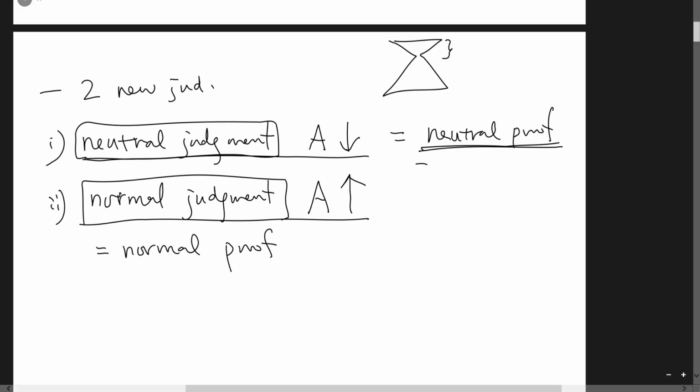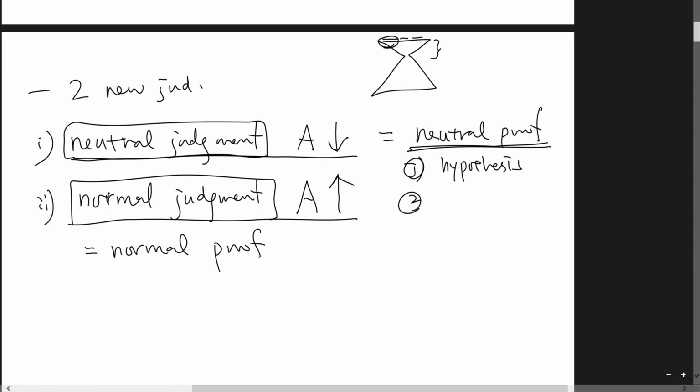So it is either a hypothesis, which is basically an example of a neutral judgment, or an elimination rule applied to existing neutral proofs.